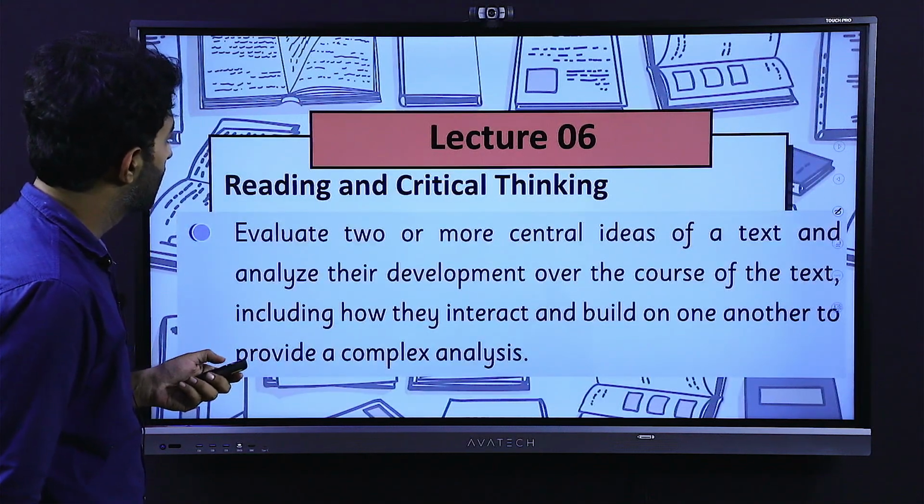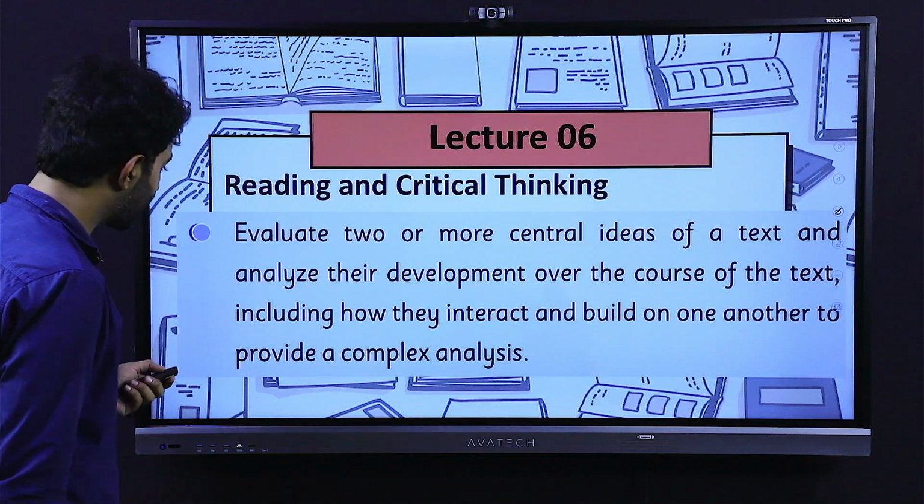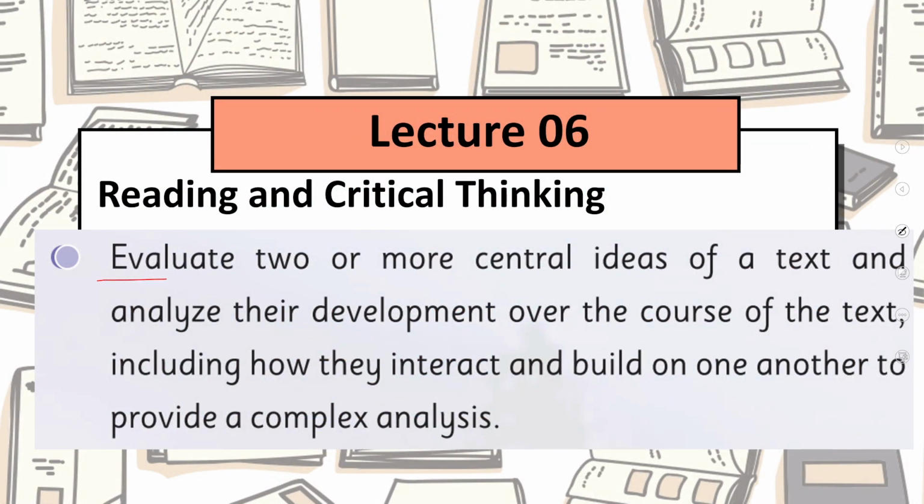Now, in the next lecture, lecture number 6, we will evaluate 2 or more central ideas of a text and analyze their development over the course of the text, including how they interact and build on one another to provide a complex analysis.